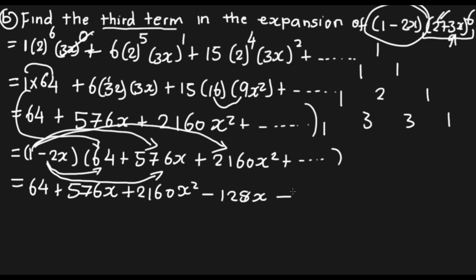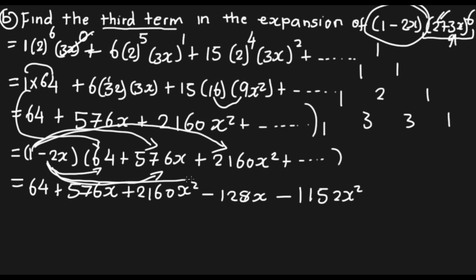Then negative 2x times this. What is 576 multiplied by 2? I'm getting 1152. Now this x raised to the power 1 times this x raised to the power 1 will give us x squared, so this should be 1152x squared.